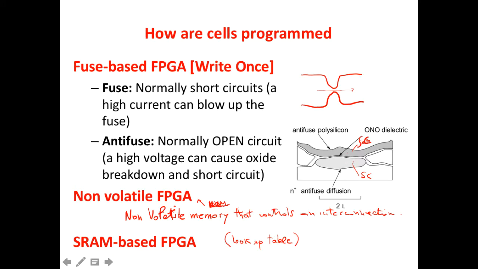With this high voltage, you break the insulator, and then you put the two lines in contact. So this is an anti-fuse. You did not have a contact, and then you cause a contact between the two lines. And again, also in this case, you have a write once solution. Once you do it, you cannot change.